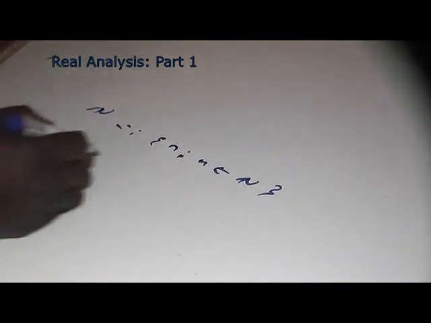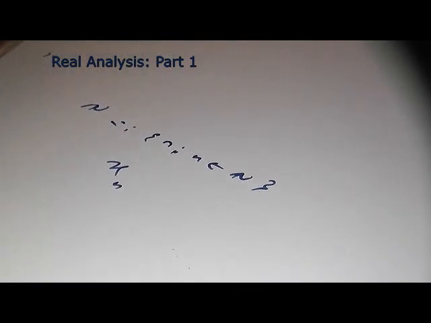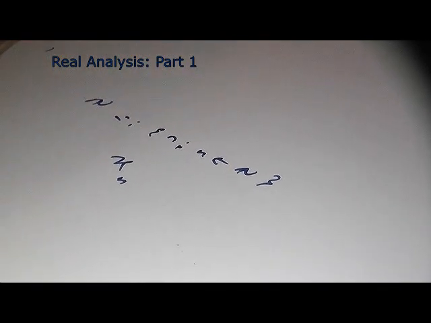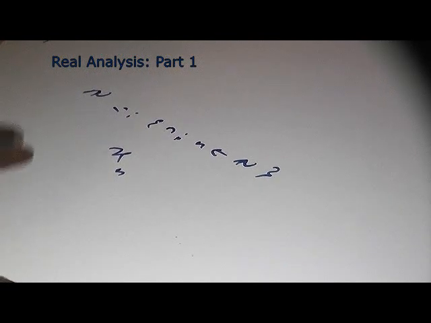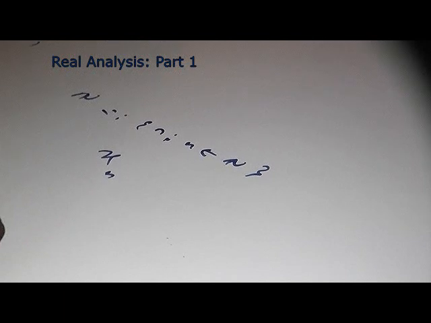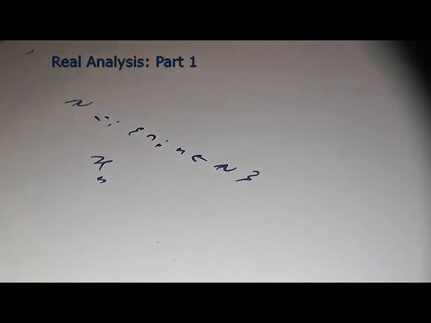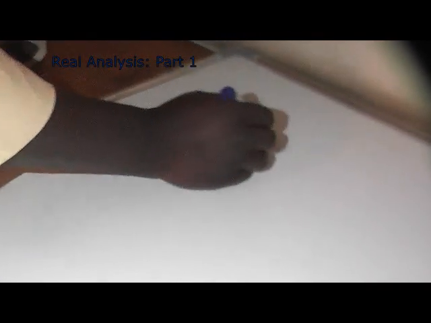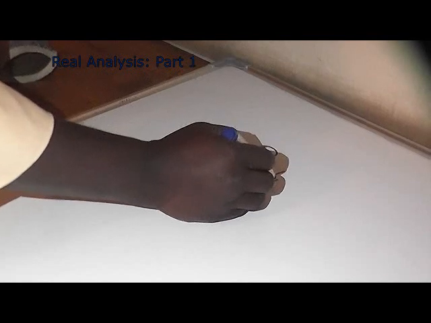Since n is increasing and x depends on n, every sequence has a monotone, which means increasing or decreasing, subsequence. Because even the constant sequence is a special case of the monotone sequence, not a strictly monotone sequence. So we check out the Bolzano-Weierstrass theorem.